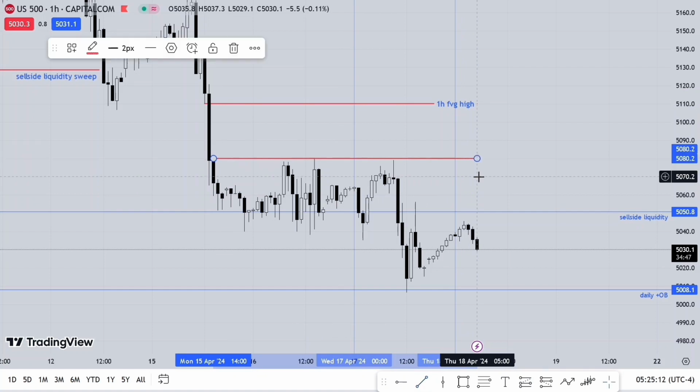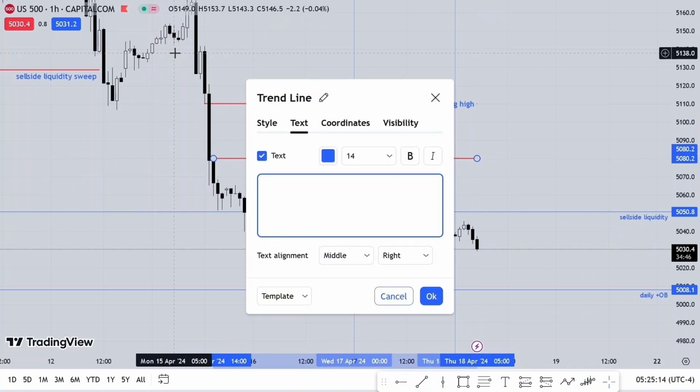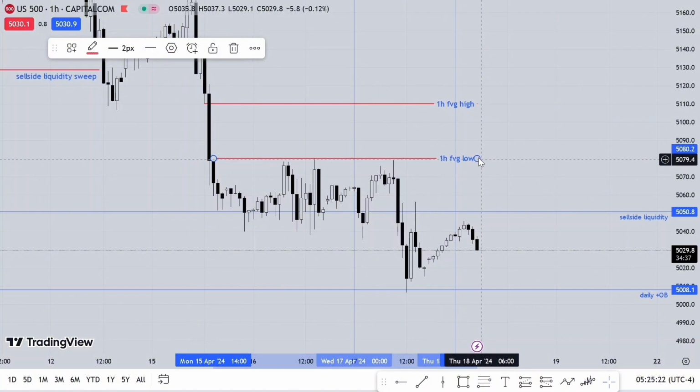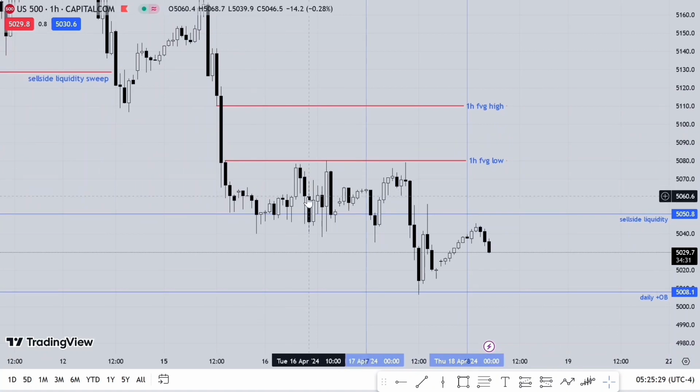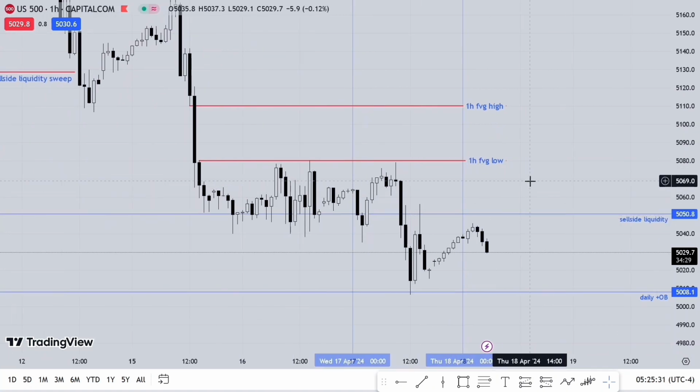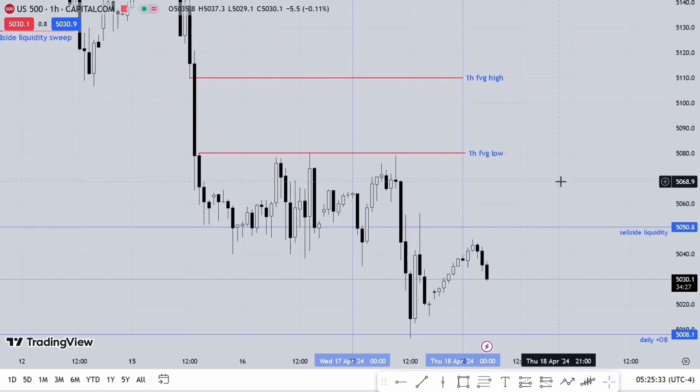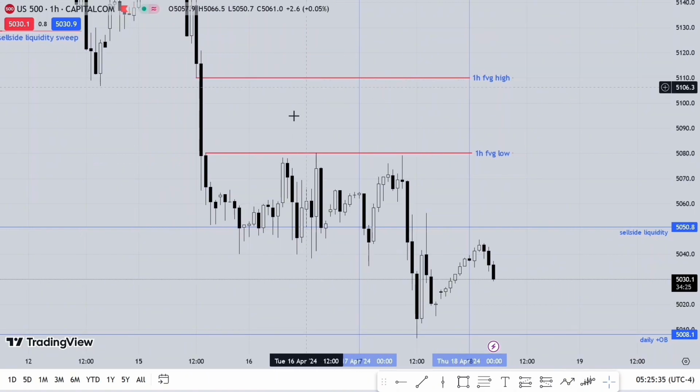So we expected, from Tuesday's trading going into Wednesday's trading, we noted these 1 hour fair value gaps here.